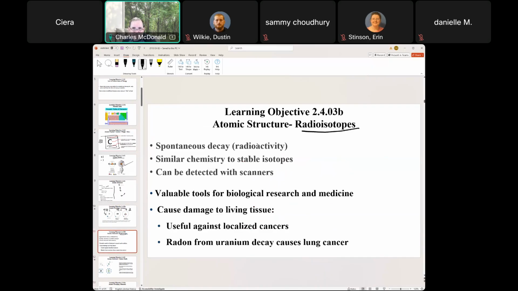Okay, the radioisotopes, these guys just naturally break down because they're not stable. The problem with radioactive things is that's why people can get radiation sickness. This stuff's going to hit your DNA and cause damage, and that damage can cause your DNA to start making cancer cells.